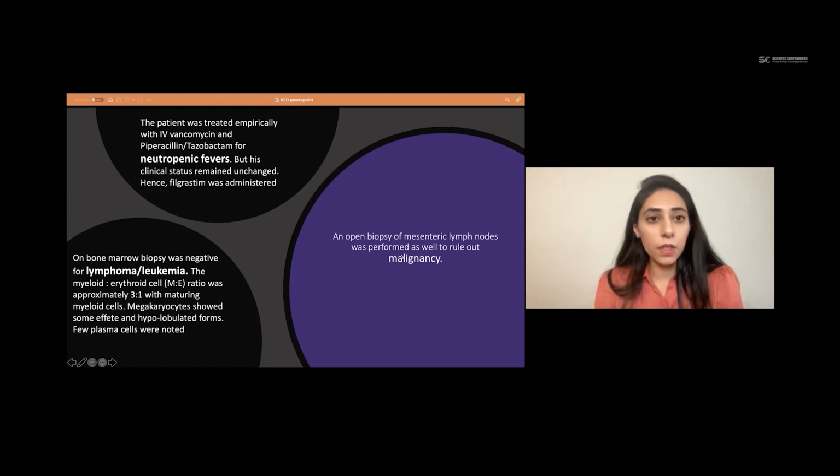Given the fact that he was neutropenic, we also started him on IV vancomycin and piperacillin-tazobactam, but his clinical status remained unchanged, and so we administered filgrastim. We were also considering the possibility of lymphoma and leukemia with the lymphadenitis in his abdomen.